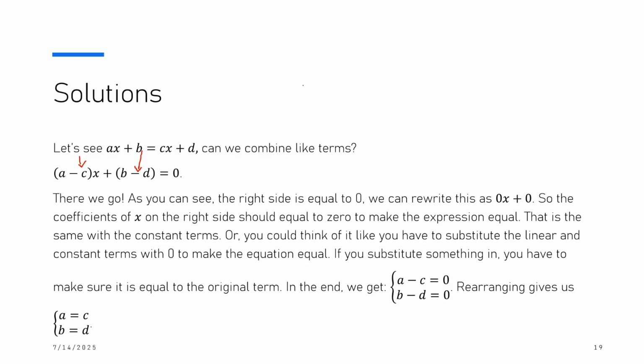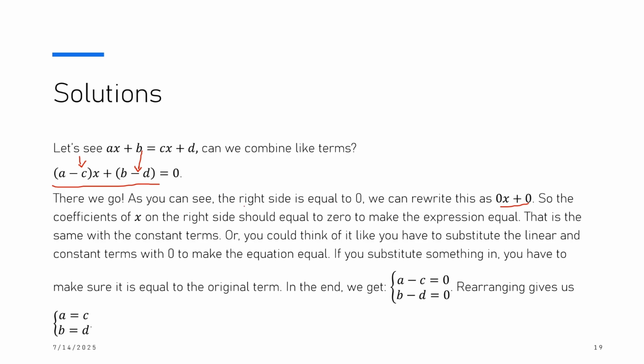Basically, a minus c and b minus d should equal 0, because we know that these two are equal. So we basically have to make the right side 0x plus 0. So you can make a minus c equal to 0, that's 0x plus 0, or b minus d equal to 0, and then you get this expression.